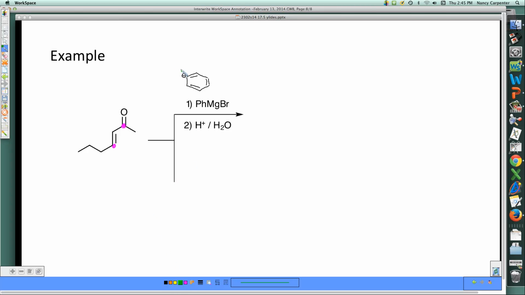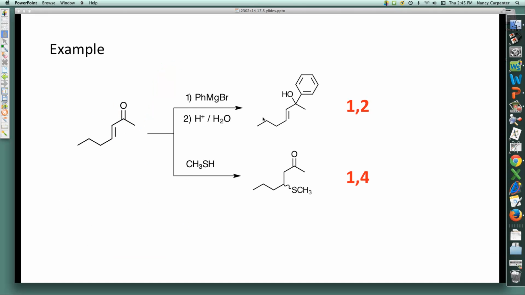It will definitely go 1,2, and upon workup with our aqueous acid, we will get the 1,2 product.